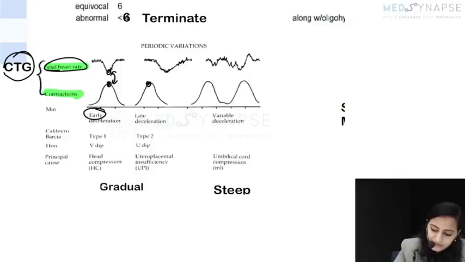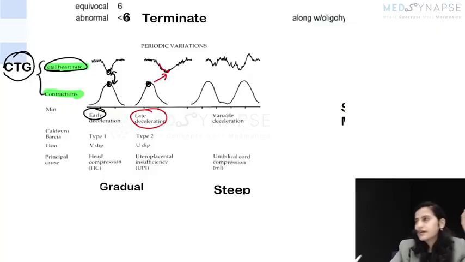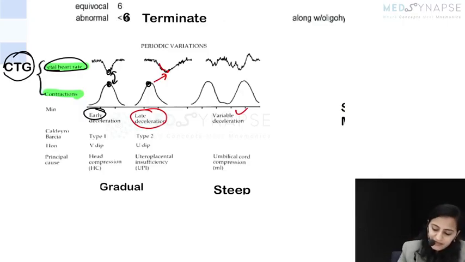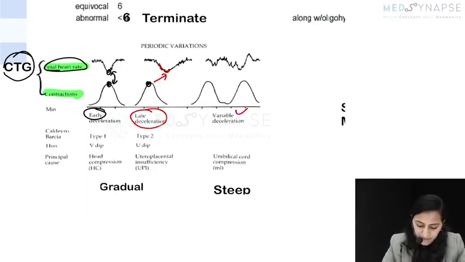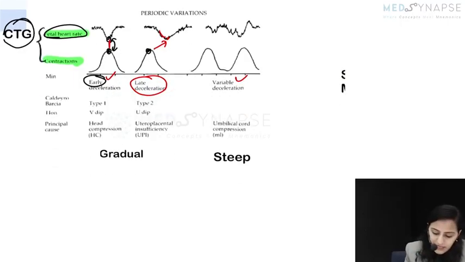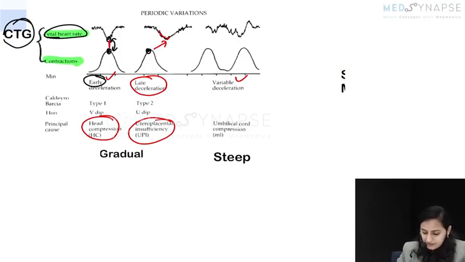The contraction is over, and only after that the deceleration is coming. This is called late. If the deceleration comes at any time, then it's going to be variable. Right, so coinciding is early. That means what will be the cause here? Head compression. Late will be placental.